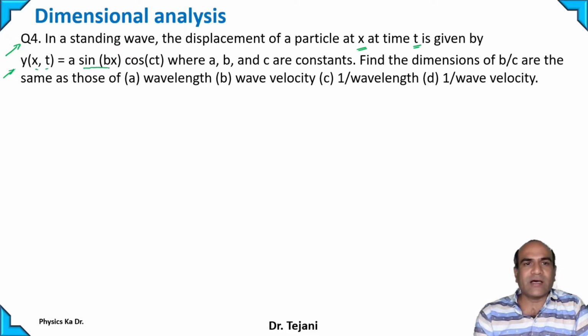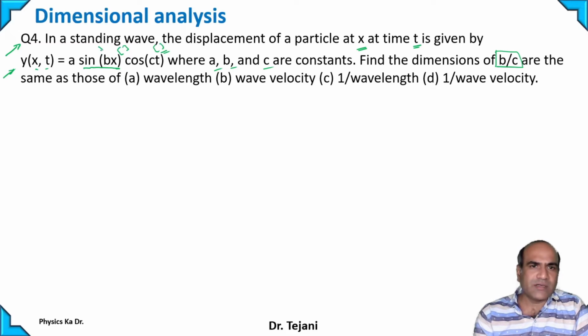See, we got an angle, sine, trigonometry, so that becomes dimensionless. Cos ct will also become dimensionless, where a, b, and c are constants. Find the dimensions of b by c. We just need to find b by c.